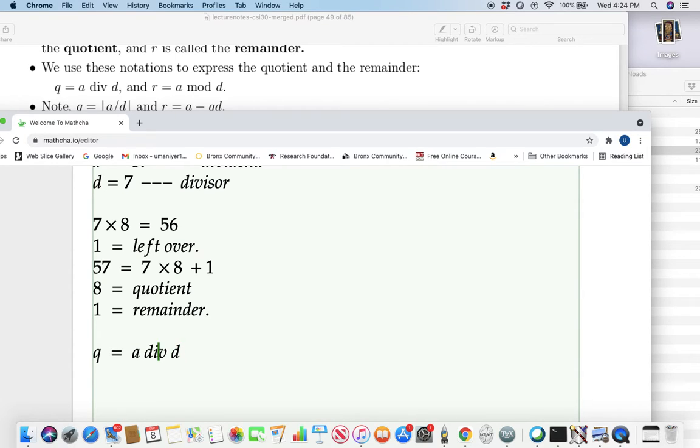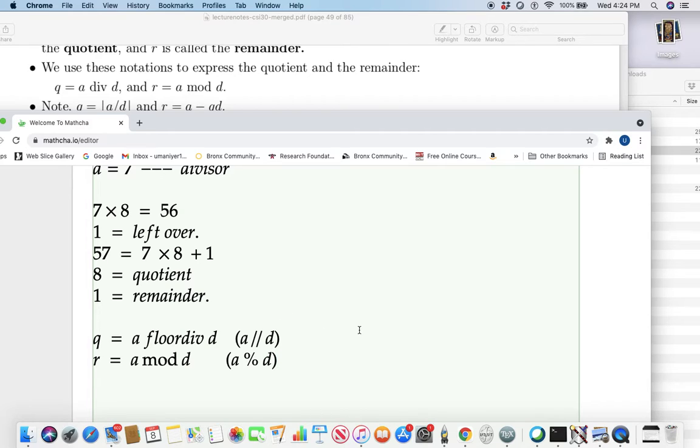You might want to say floor division, and R is A modulo D. In Python, you say A floor division D or A modulo D, for remainder.